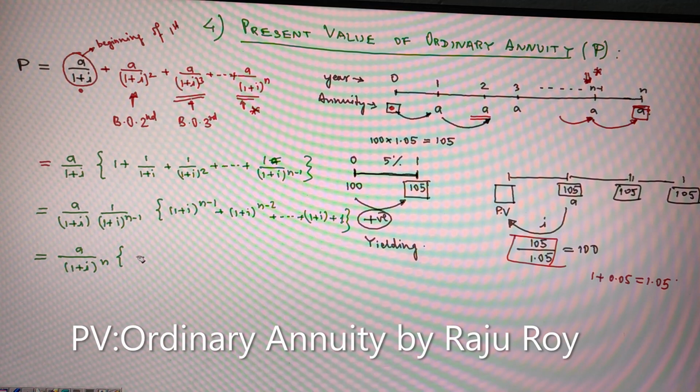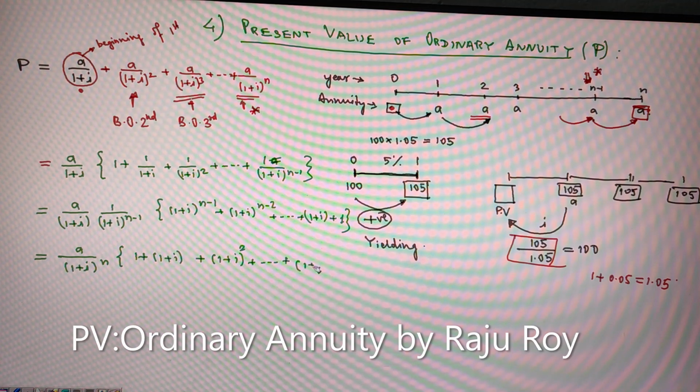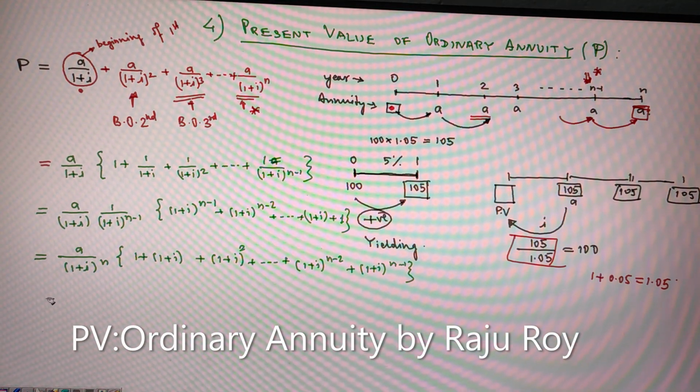Now I'll rearrange the terms, I'll write like this: 1 plus I raised to the power n minus 1, then plus, come to this term, 1 plus I raised to the power n minus 2 plus 1 plus I raised to the power n minus 1, right? This is what we are getting here.